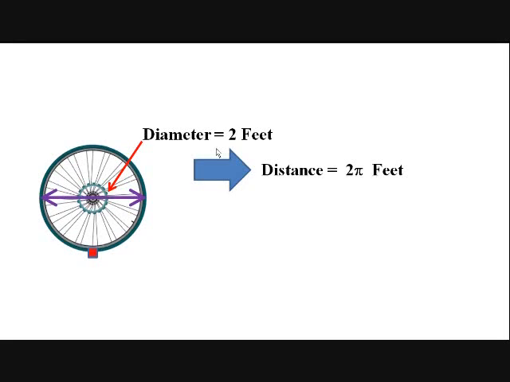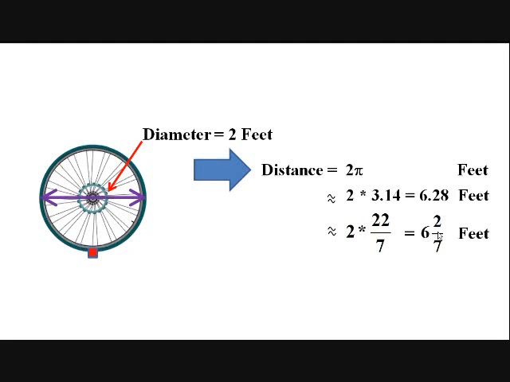Now this is approximately equal to 2 times 3.14, our first approximation for pi, which in turn is equal to 6.28 feet. We can also say that this is approximately equal to 2 times our other approximation for pi, 22 over 7, and that gives us 6 2/7 feet, which is also close to 6.28 feet.